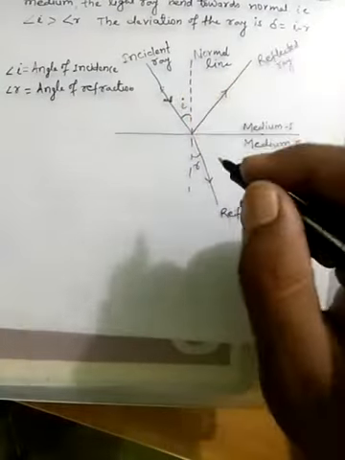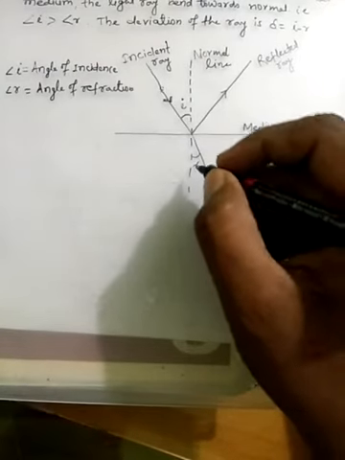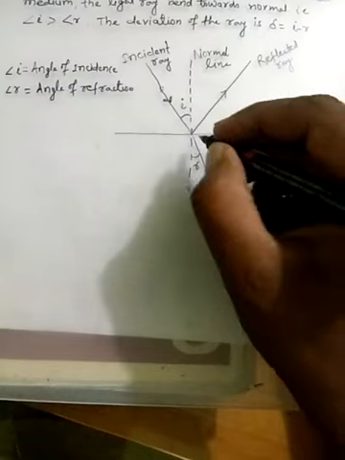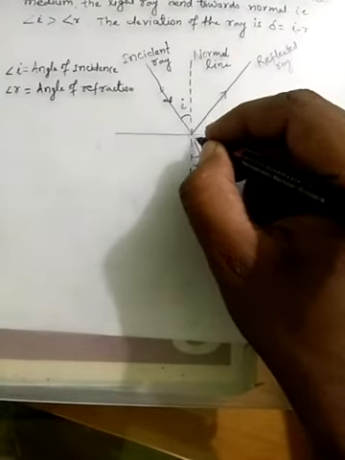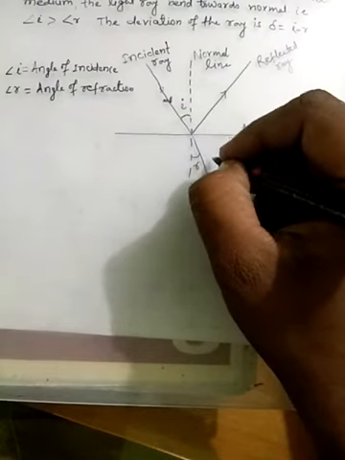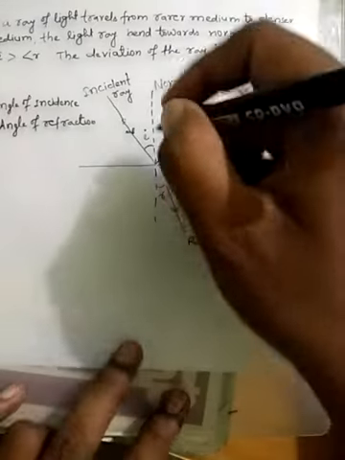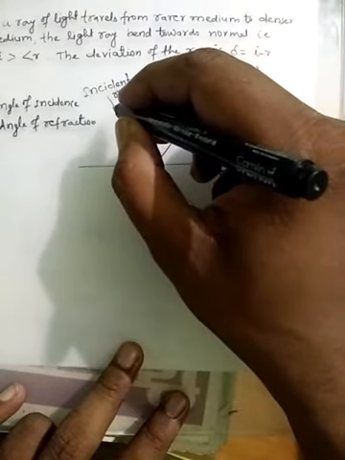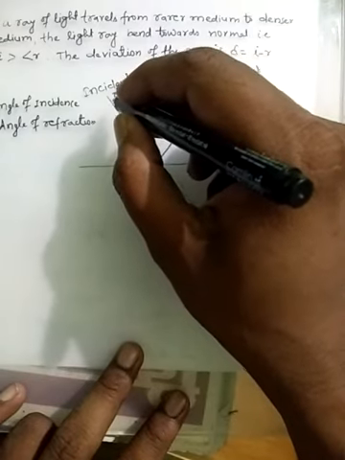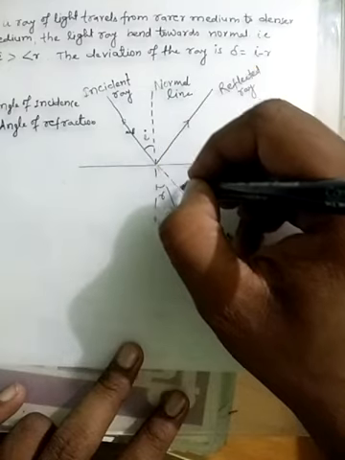Then there is a tendency to deviate from the line of the normal. The actual path of the light ray from the incident ray is directed in a straight line.